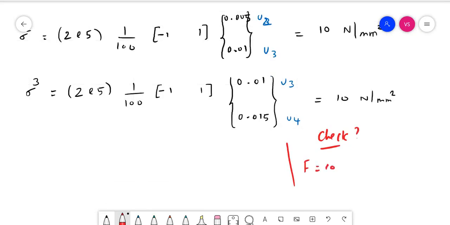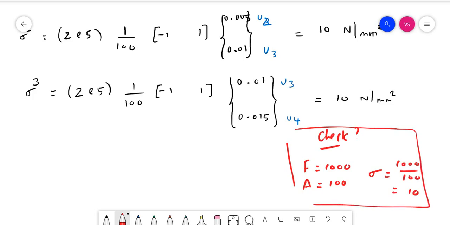Force is 1000, area is 100, so stress must be 1000 over 100, that is 10. This we know by simple formula. We know that stress is equal to force over area, so we expect 10. So that's the same 10 we are getting here. And this is how we can check the solution.